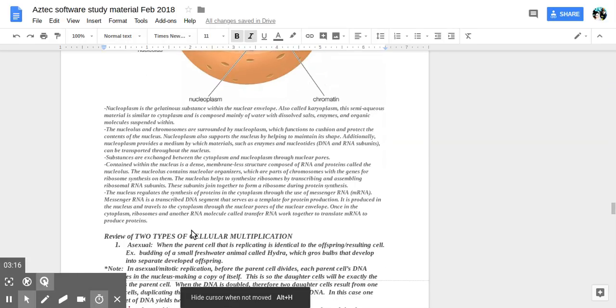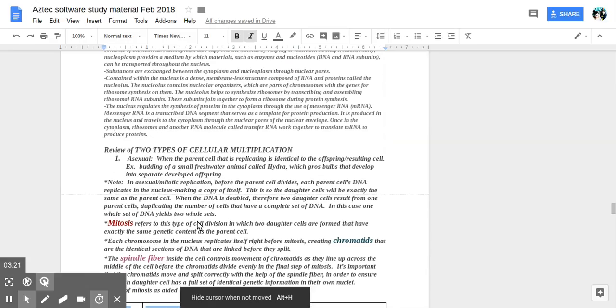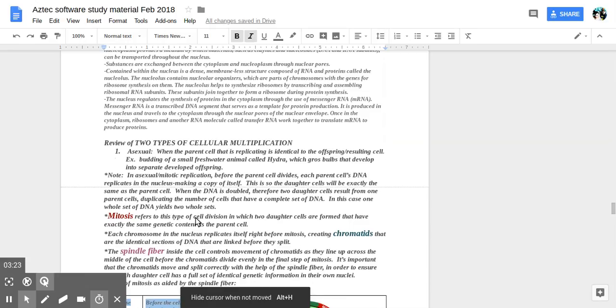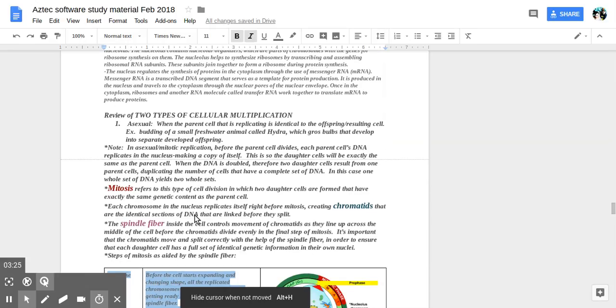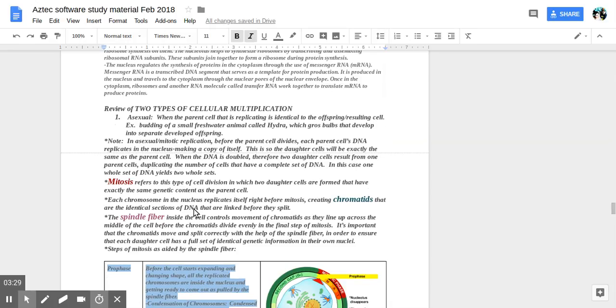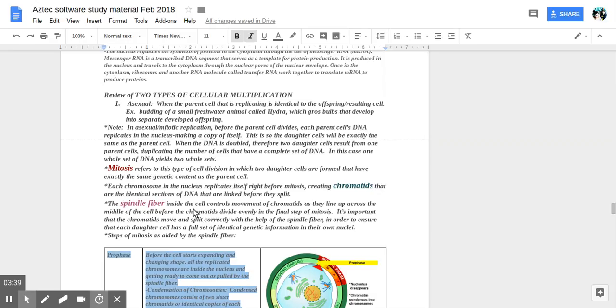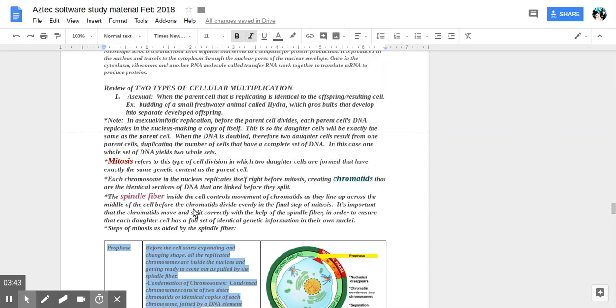So the mRNA leaves from the nuclear envelope through the pores to the cytoplasm, and there in the ribosomes, the tRNA molecule, transfer RNA molecule, helps with the translation process of the mRNA molecule into proteins.